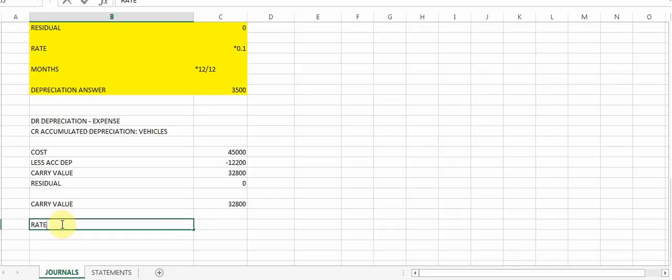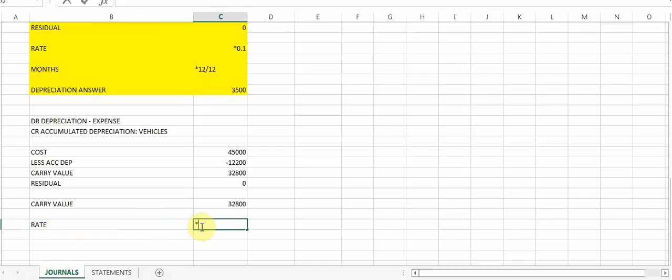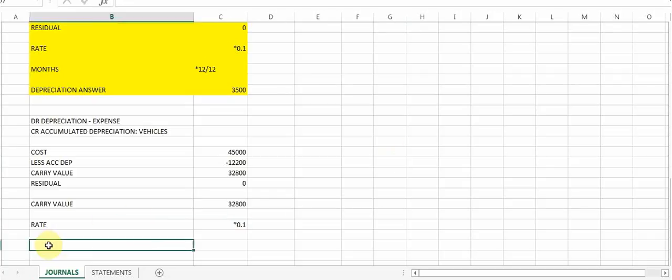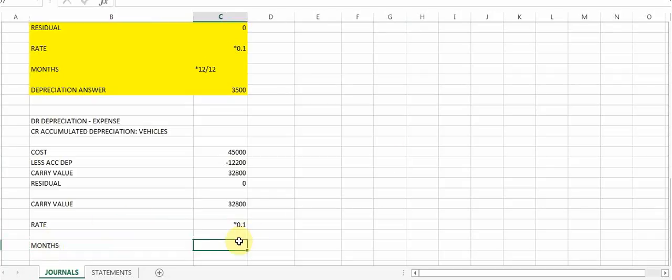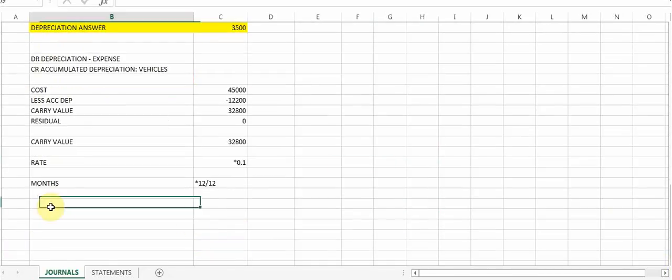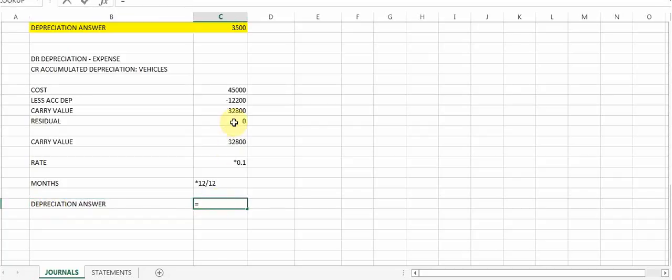Right, I need to go and look at the rate. The rate is how much? It is 10%, so I'm going to multiply by 10%. And I will also look for the months, but they don't give me a specific date on which anything was purchased. So I'm just going to say 12 divided by 12. And then my answer for depreciation is 32,800 times 10% times 1, because 12 over 12 is 1.